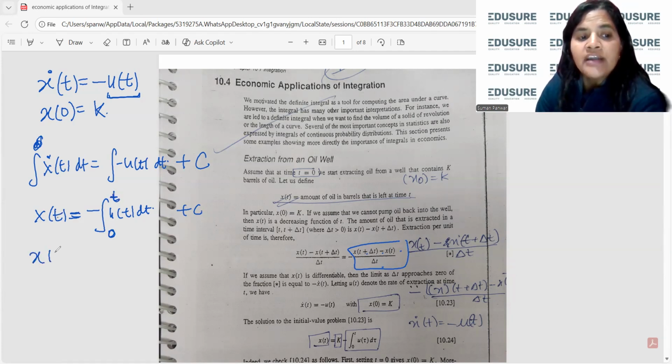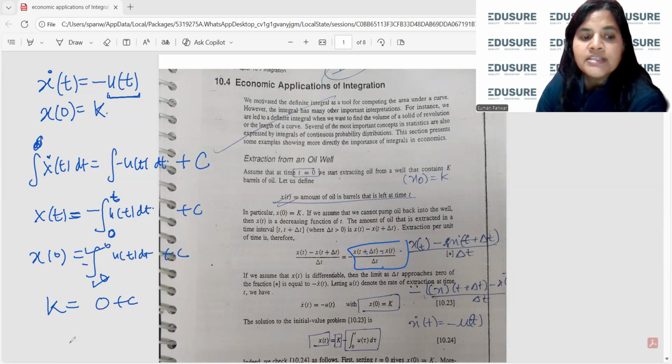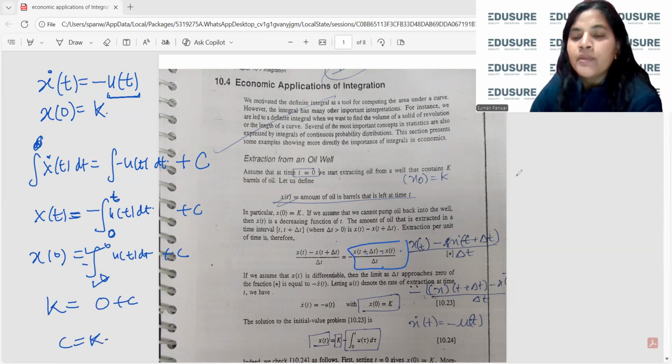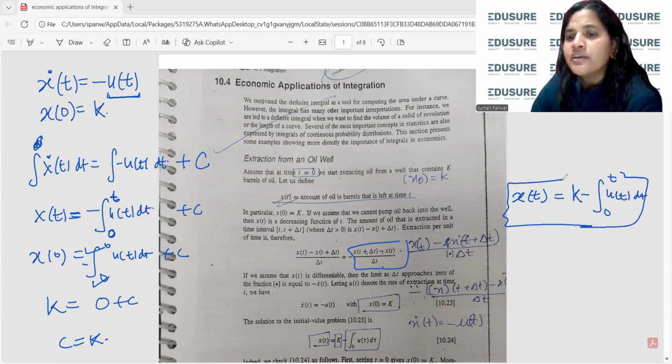So x(0) will be equal to minus the integral from 0 to 0 of u(t) dt plus c. x(0) is k. When you integrate with the same initial limit and final limit, the answer is 0, plus c. So c will be equal to k. So the amount of oil left at time t is equal to k minus the integral from 0 to t of u(t) dt.